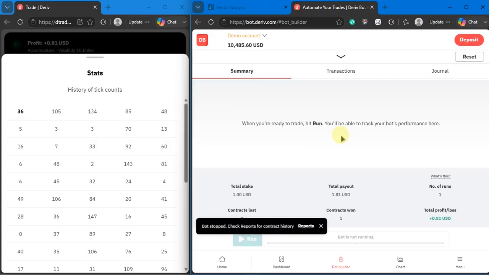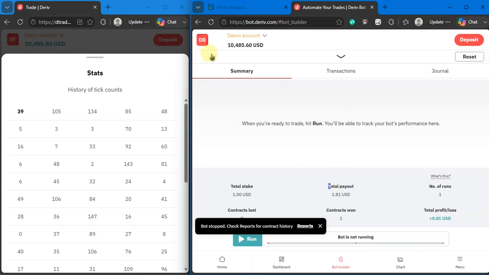So it has just run to take profit, and you just stop it.